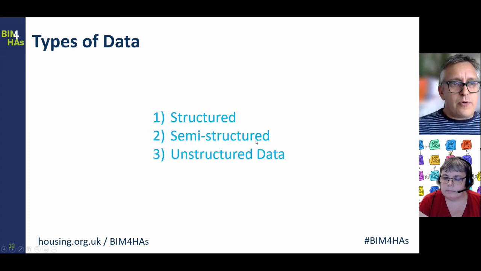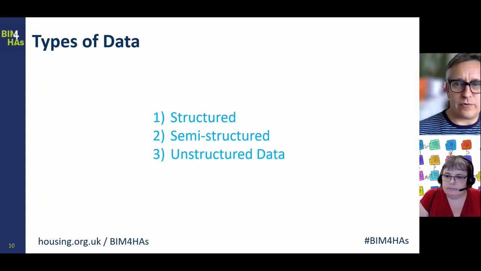Another thing, in order for it to be clear, is that there are three types of data: structured, semi-structured, and unstructured data. I'm going to give some practical examples for each one of these, and then describe what types of structures underpin the asset information model. I'm going to start with the structured stuff.